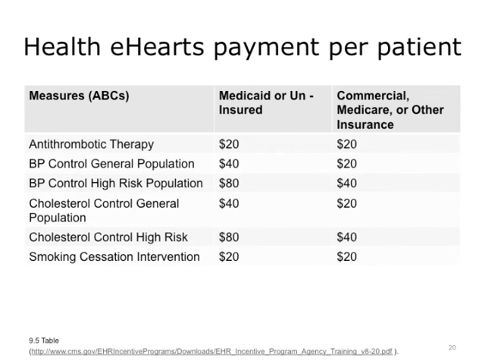A provider could potentially earn up to $200 per patient if a patient had the target conditions and met all recommended practice guidelines. The program estimated that the average practice could earn $10,000 in 1 year based on community reports on the current performance on the ABCS and projected improvement if facilitated with an EHR.